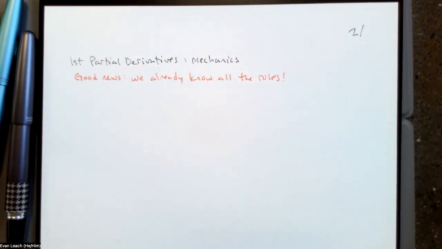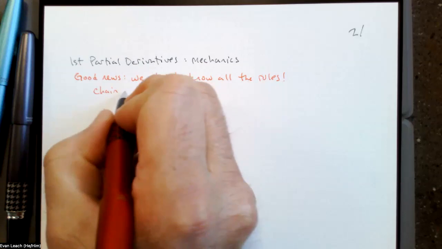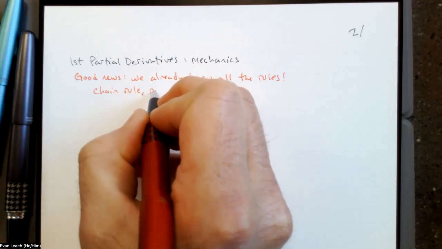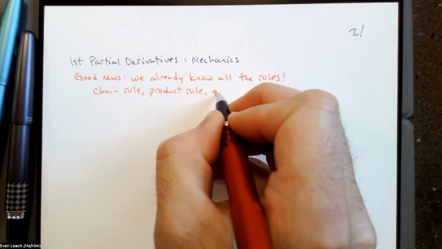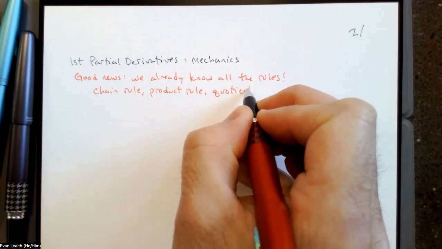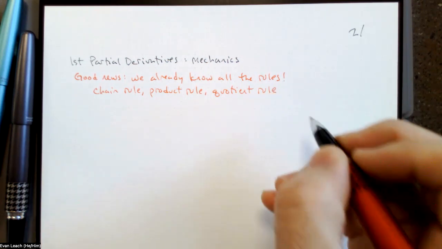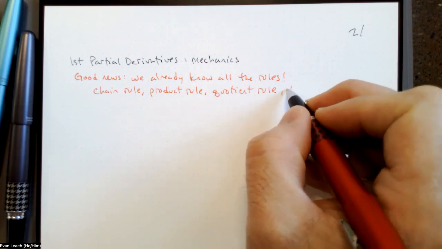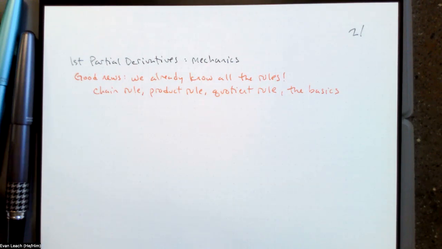You already know all the rules. Chain rule, product rule, quotient rule if you want to be fancy. All we need is chain rule and product rule, but we got chain rule, product rule, quotient rule, the basics. Should have listed that first.